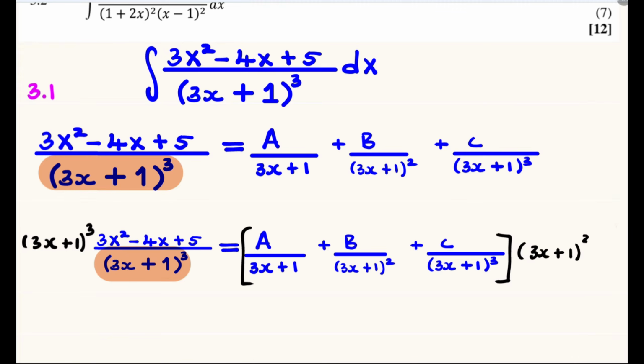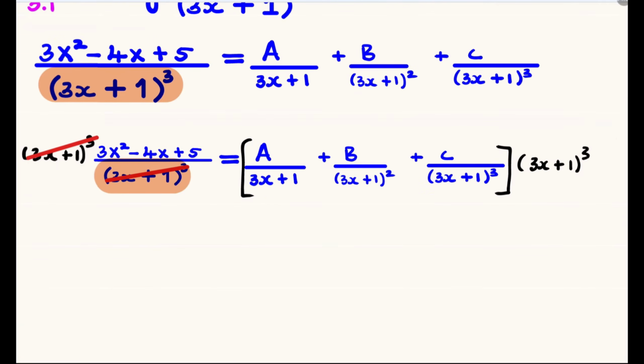On the left hand side, the (3x plus 1) raised to the power 3 will divide and be equal to 1, and we will be left with 3x squared minus 4x plus 5, and now we distribute the (3x plus 1) raised to the power 3 inside the parentheses.